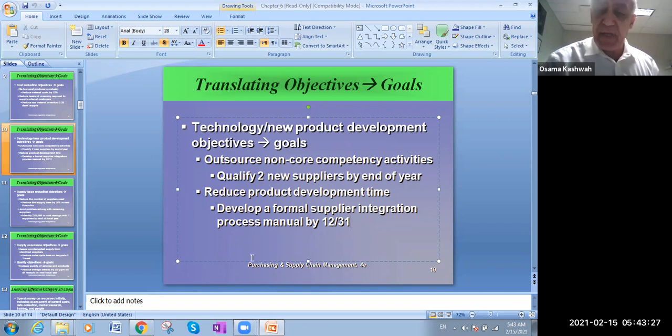Outsourcing means from where I will bring my own raw materials. I will look for a supplier who will give me the raw materials with lower price. Reduce product development time. Also, the product development, the time to update my products and develop the functions of my product, I will reduce this time as well.